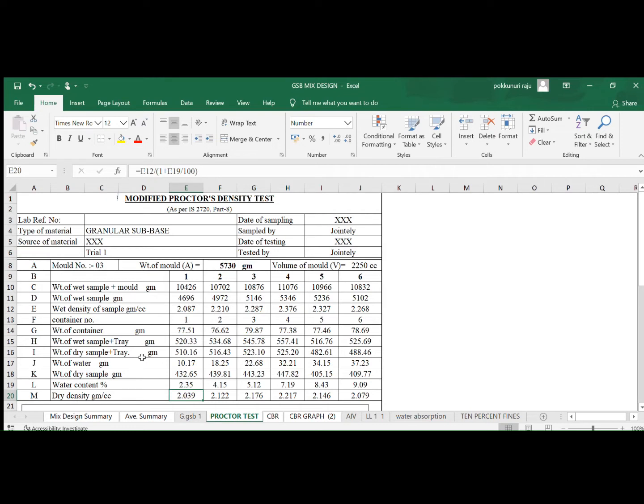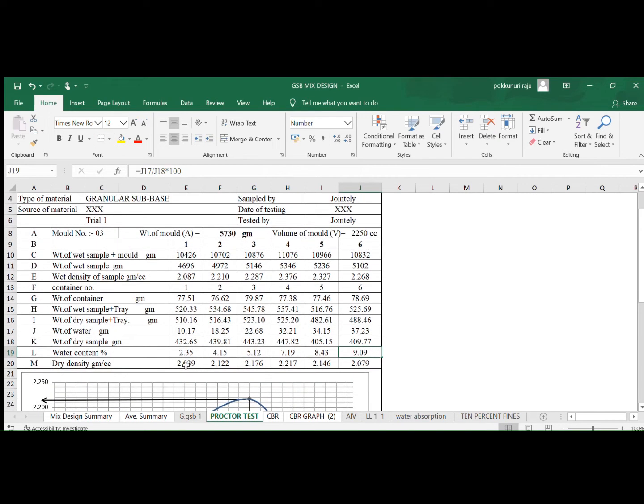This is how for all the samples the moisture percentage is calculated. In this particular example you can see that for each sample you have an increment of moisture content from 2.35 to 4.15, then 5.12, 7.19, 8.43, and 9.09.